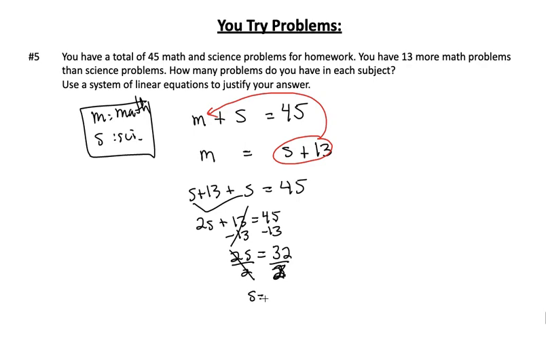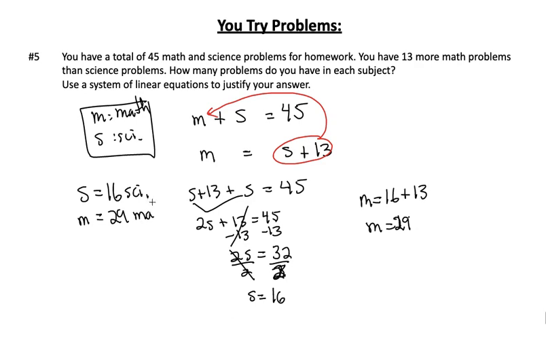S equals 16. So S equals 16 science problems. And then we'll substitute that in: M equals 16 plus 13, which would be 29. So the number of math problems is 29 math problems.